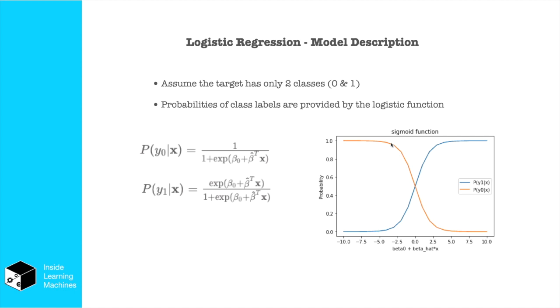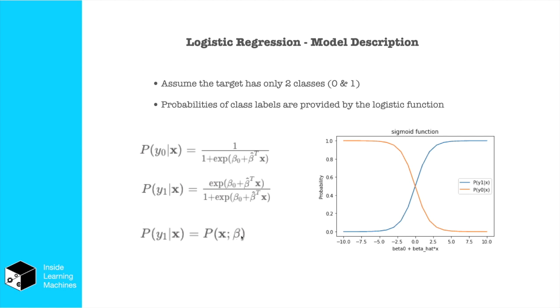Also make note that if we look at this plot, we can see that if we add up the two different probabilities at any point along the x-axis, they will equal 1. And so we can rewrite these two different probabilities in a simpler form. We can just state that the probability of getting a 1 is going to be equal to p, the probability for this class, as a function of x and beta.